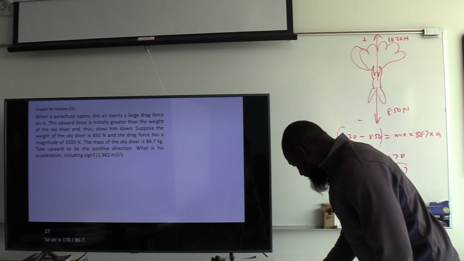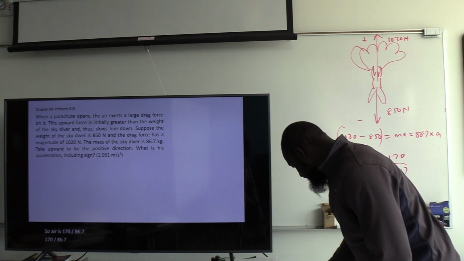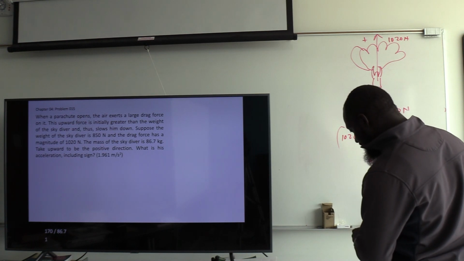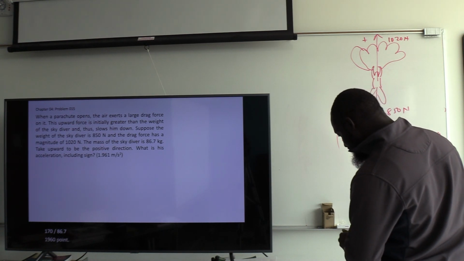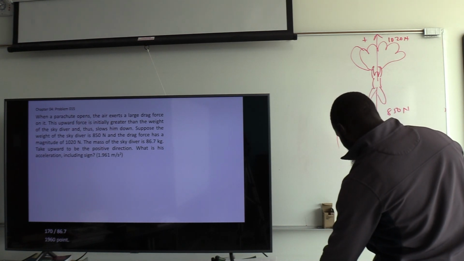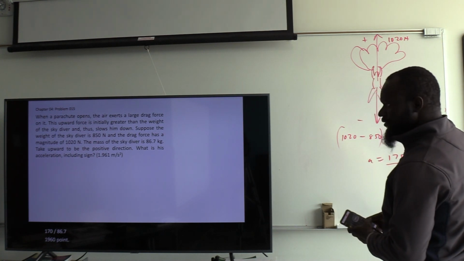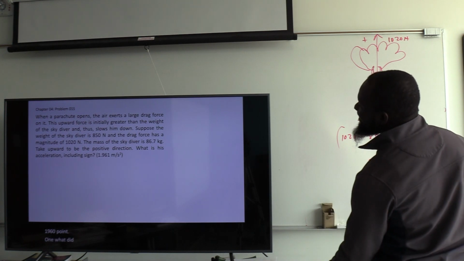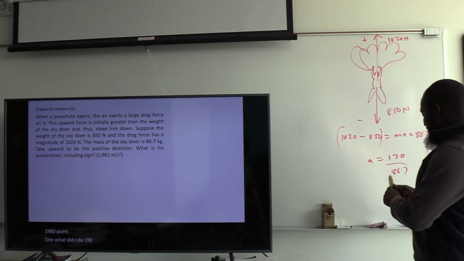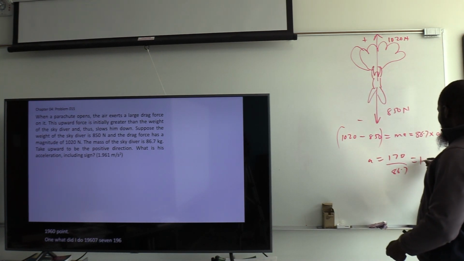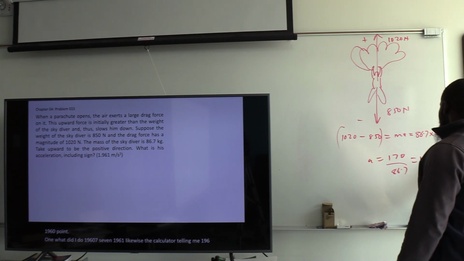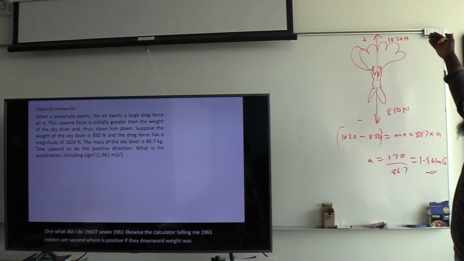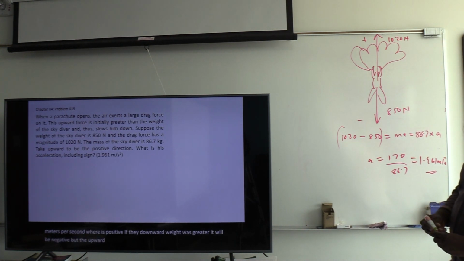That's 1.9607, so 1.961 meters per second squared. So it's positive. If the downward weight was greater, it would be negative. But the upward force is greater, so the positive direction is greater, so the answer is positive.